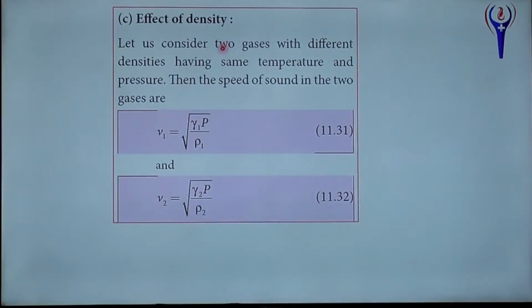Effect of density. Consider two gases with different densities having the same temperature and pressure. Then speed of sound in the two gases: V1 equal to root of gamma 1 P by rho 1 and V2 equal to root of gamma 2 P by rho 2.